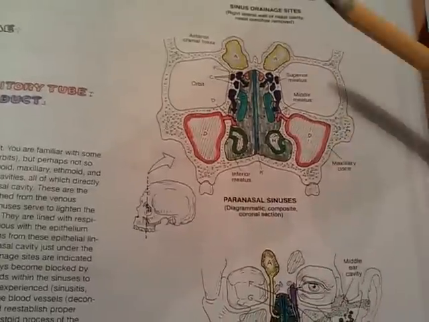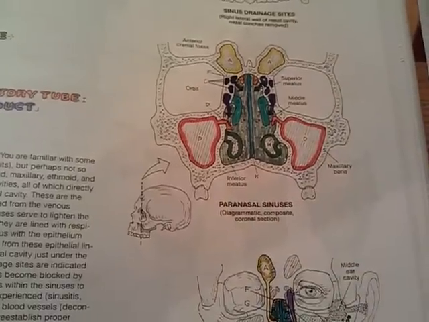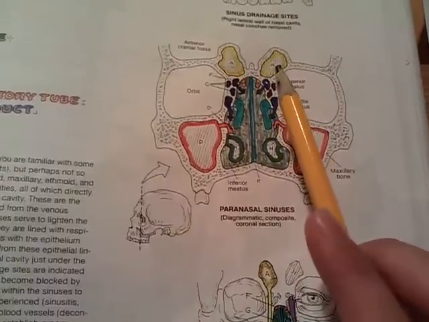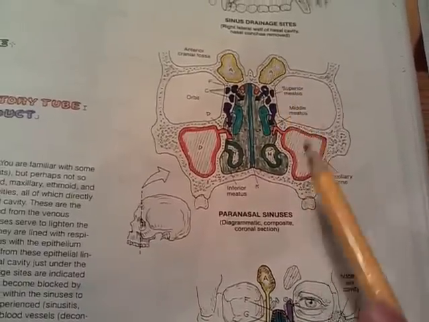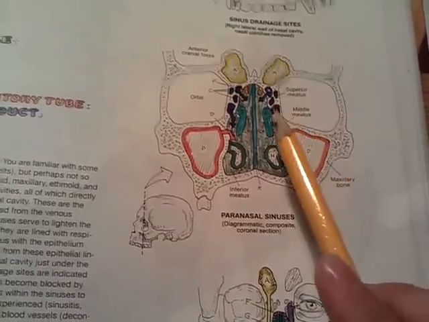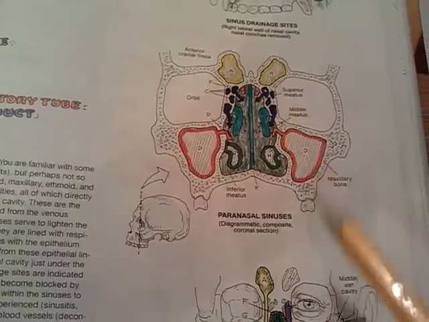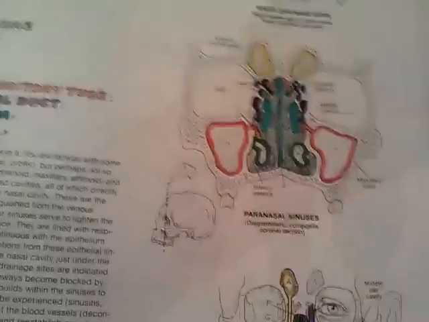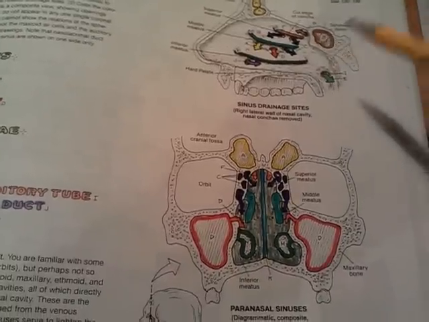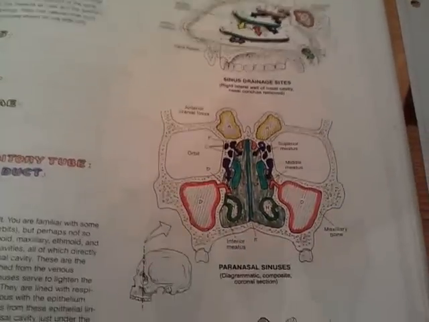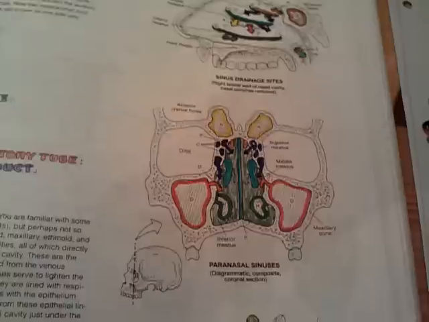Here you can see a coronal section: frontal, maxillary, ethmoid, and then sphenoid is back here. Here you have the orbits with the eyes, and yeah, nasal cavity.